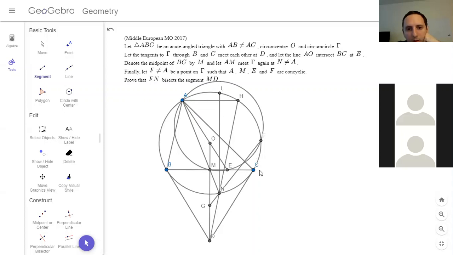What if we project... Maybe there's another way to use projective geometry here. I thought projecting through N is like the most natural way to do it.